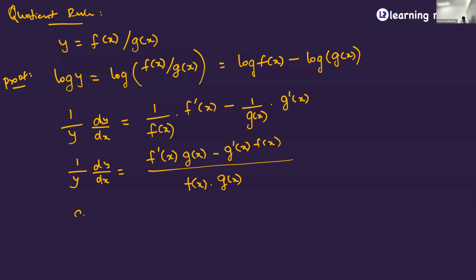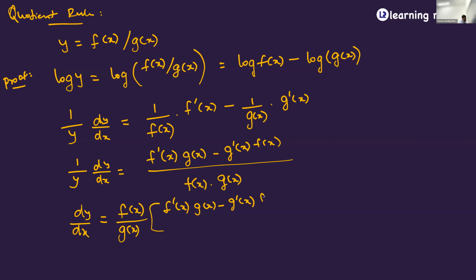So dy by dx is equal to, this y will go to the other side, but what is y? F of x by g of x. So you write it as f of x divided by g of x into f dash of x into g of x minus g dash of x into f of x, the whole divided by f of x into g of x.